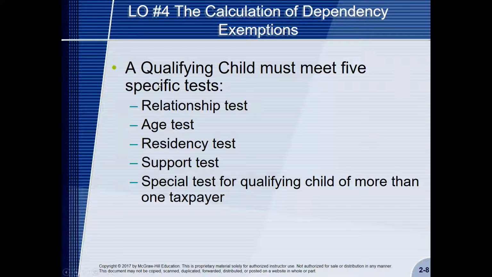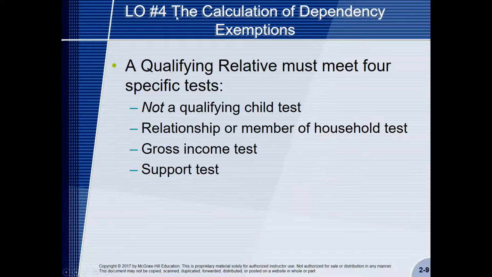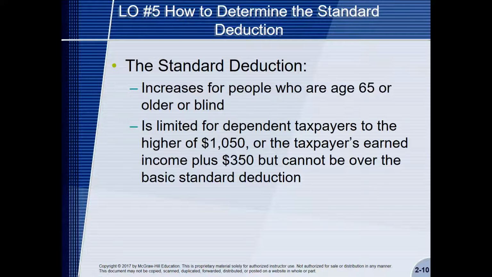Well, you basically have a qualifying child, and there's 5 different tests that work through this, or you have a qualifying relative or a qualifying person that's not a relative but has been living as a member of your household. And again, I'm not going to go through all the details. These videos are just to help you understand how to do the homework.